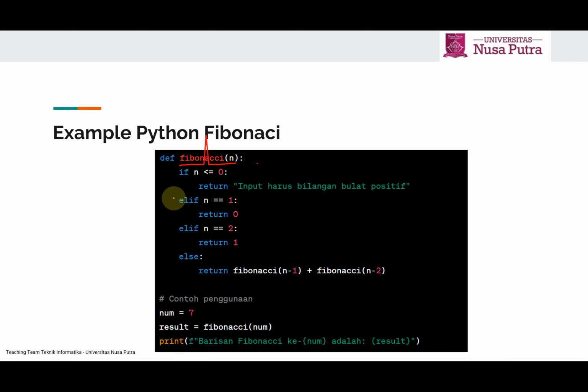If n equals 1, it will return 0. If n equals 2, it will return 1. Else, return Fibonacci n minus 1 plus Fibonacci n minus 2. For example, we have the number 7.